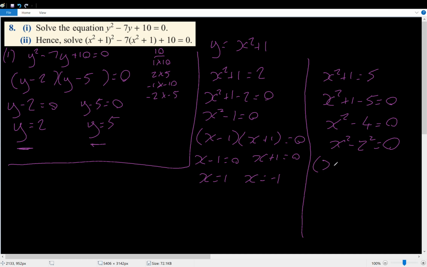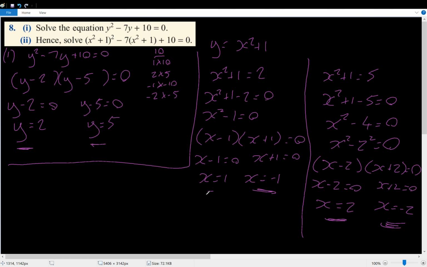So when we factorize that, we get x minus 2 times x plus 2 is equal to 0. So x minus 2 equals 0 and x plus 2 equals 0, which means x equals 2 and x equals minus 2. And these are the 4 values of x for this question.